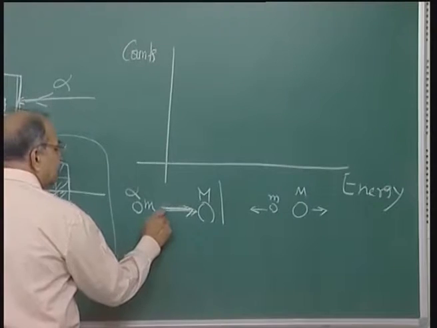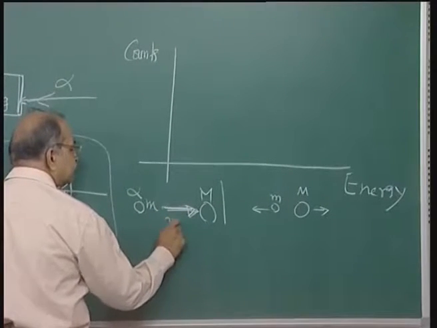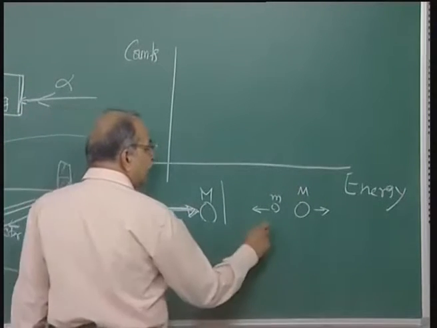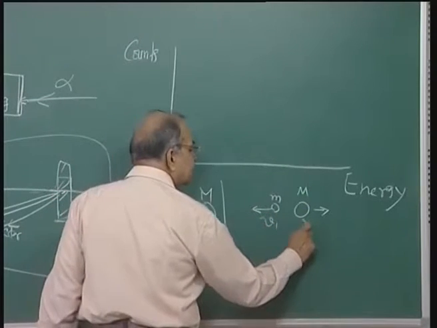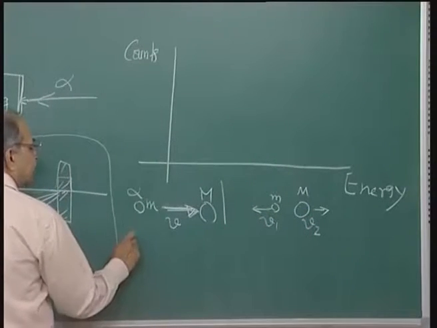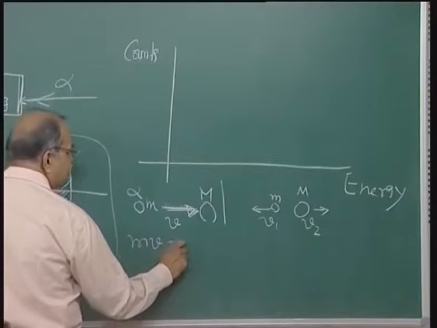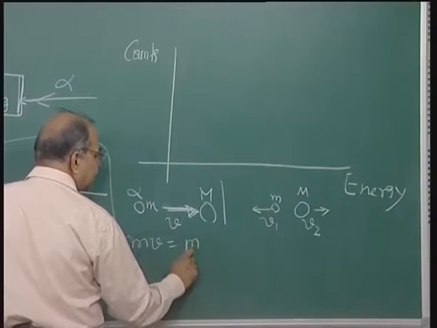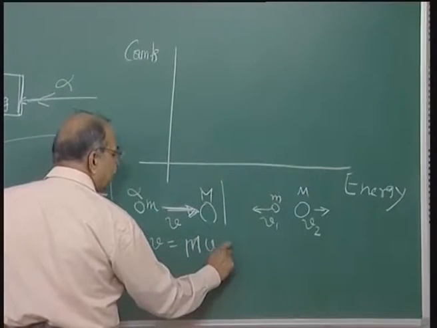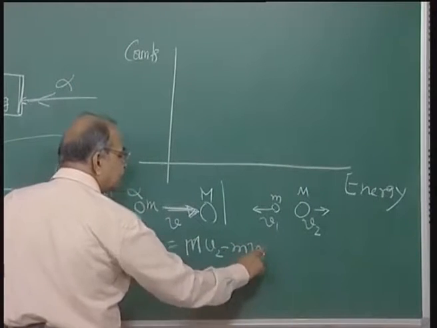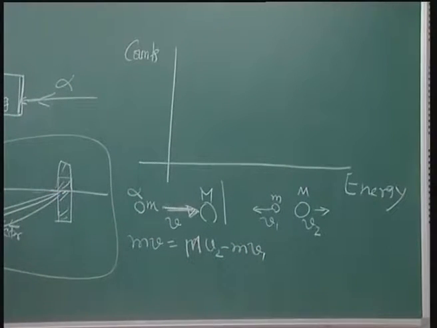So if the initial velocity is v, and this is v1 and this is v2, then you can write m v = M v2 minus m v1, that is linear momentum conservation.